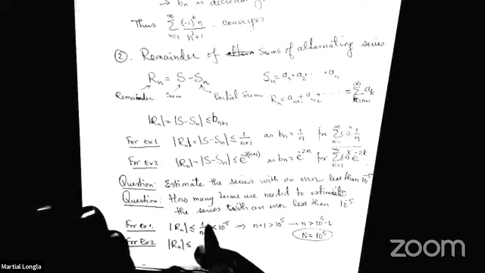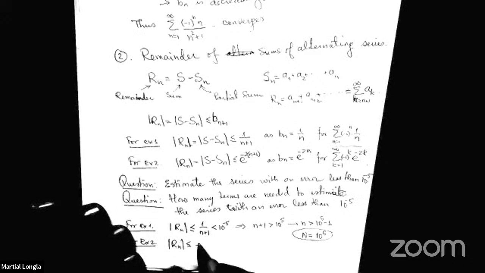Now, for example 2, the absolute value of Rn is less than or equal to, we have it there, e to the minus 2 times n plus 1. And we want this to be strictly less than 10 to the minus 5. And in this one, because you have strictly less than here, you got to solve with the strictly less than, right?